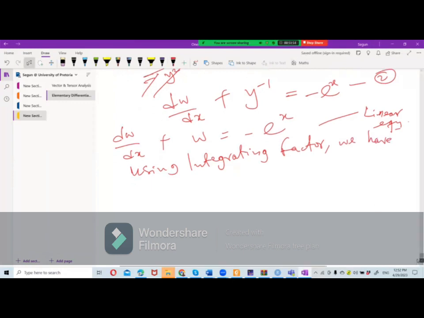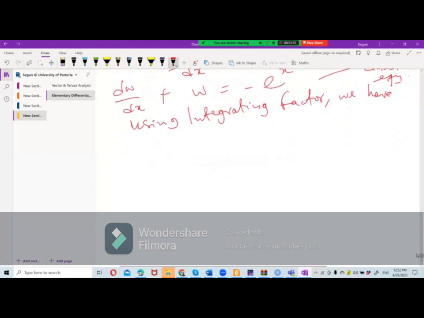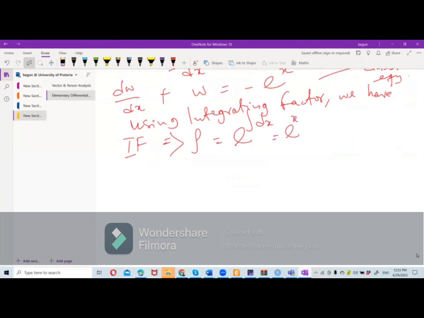Based on our knowledge, the integrating factor is equal to exponential of the integral of P of x, which equals exponential x. But in this case, how do we solve it?